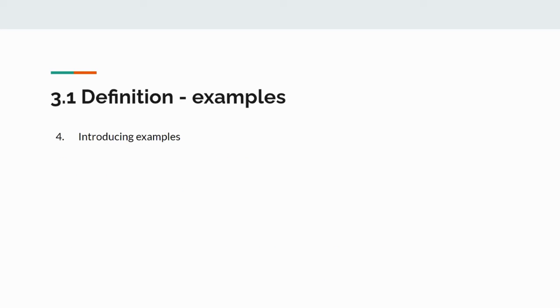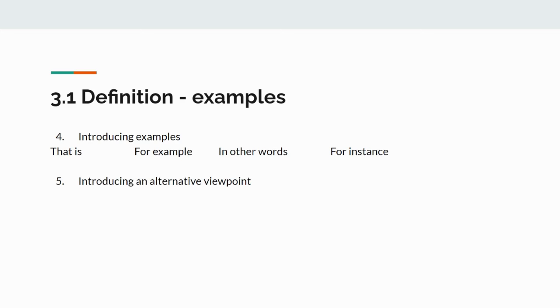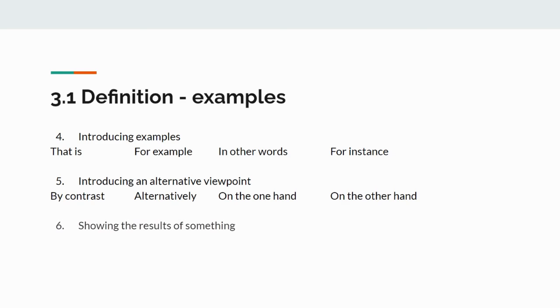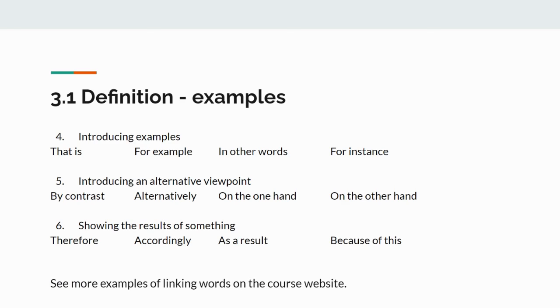If you want to introduce examples: that is, for example, in other words, for instance. If you want to introduce an alternative viewpoint: by contrast, alternatively, on the other hand, on the one hand. Or showing the results of something: therefore, accordingly, as a result, because of this. You can see more examples of linking words on the course website.